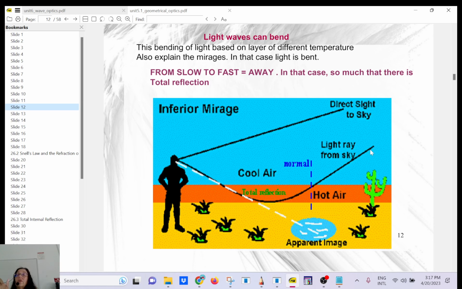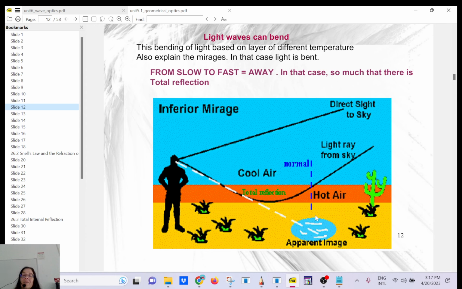Light from the sun will be refracted. Here you have a total reflection, and your brain thinks that the blue from the sky comes from a straight line. So your brain is going to see the sky here. So you think that you have water, you start to run, you are so happy, you jump, and there is nothing there, and you break your head.